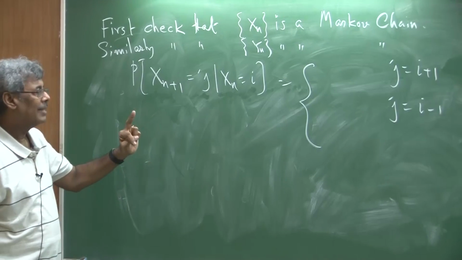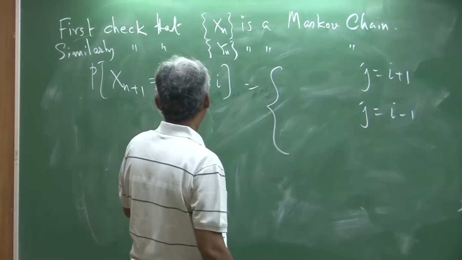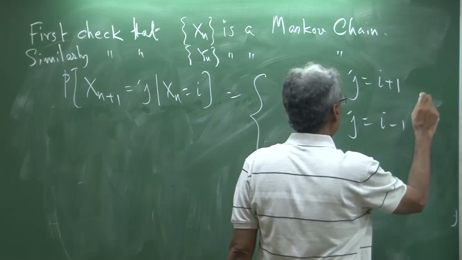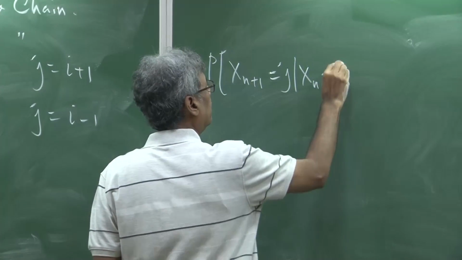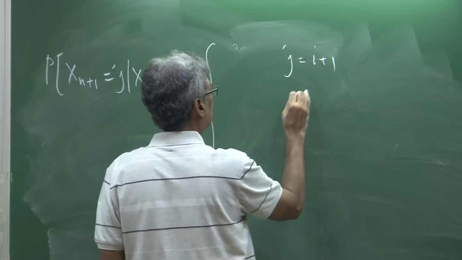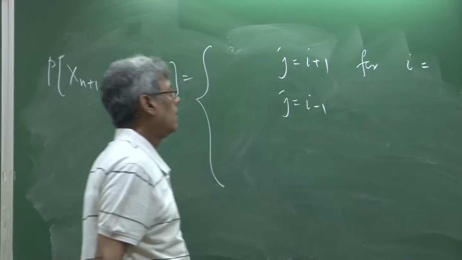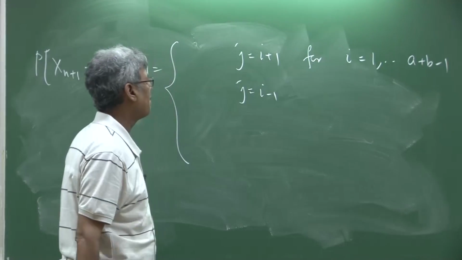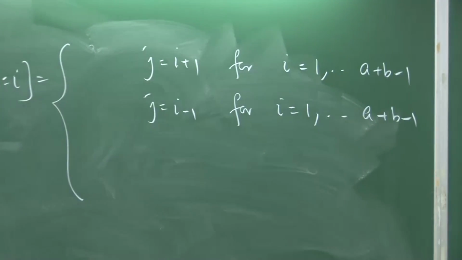The only thing I have to be careful about is if i reaches either 0 or a+b. So the probability that Xn+1 is equal to j given Xn is equal to i is j equal to i+1 or j equal to i-1, for i equal to 1, 2, up to a+b-1.